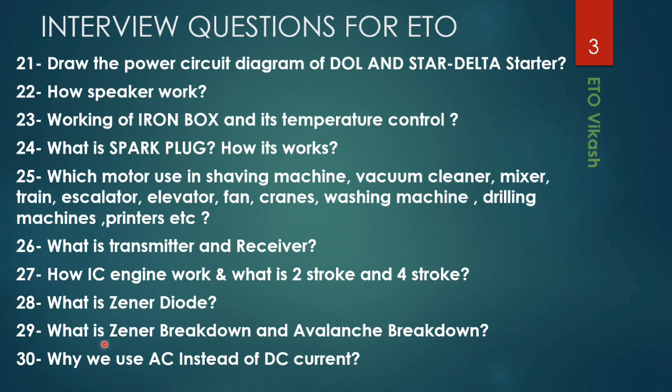And why are we using AC instead of DC? We are using AC because AC is easy to step up, and AC we can transmit over a long distance, and many other advantages are there. Other advantages you can search on Google.